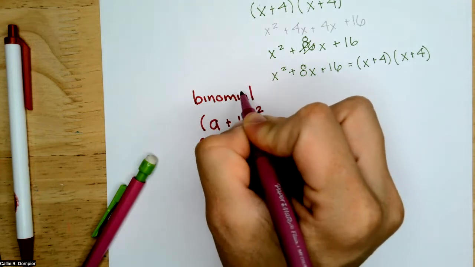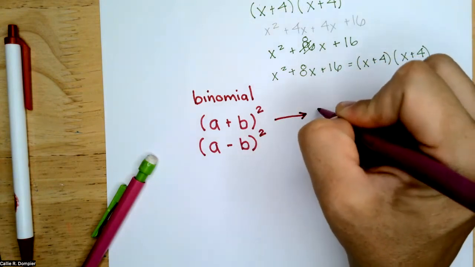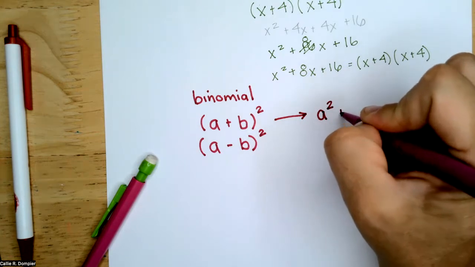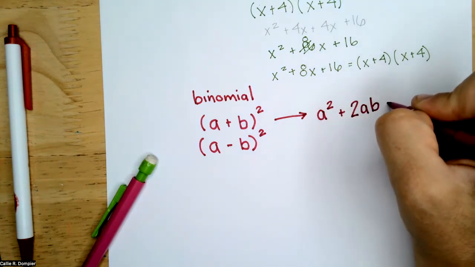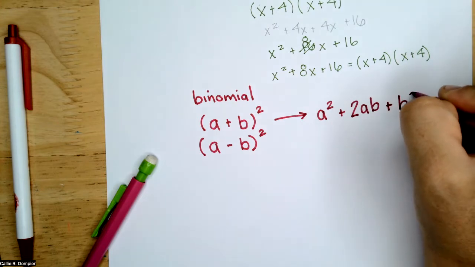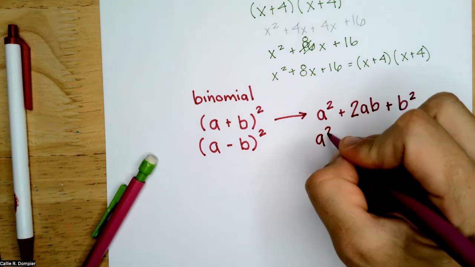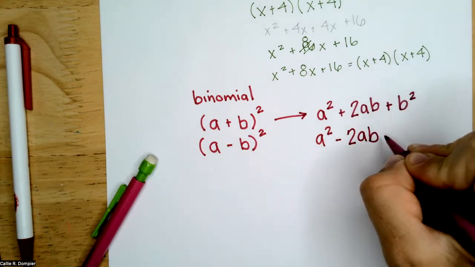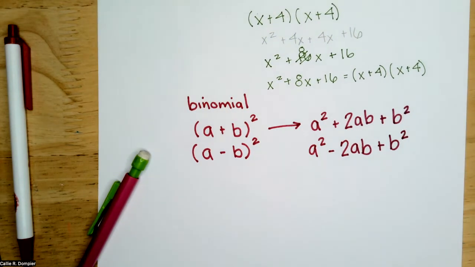And then that binomial becomes a trinomial. This is the minus, so now we're going to subtract the 2ab, but we're still going to add the second term. Okay, so that's the pattern.